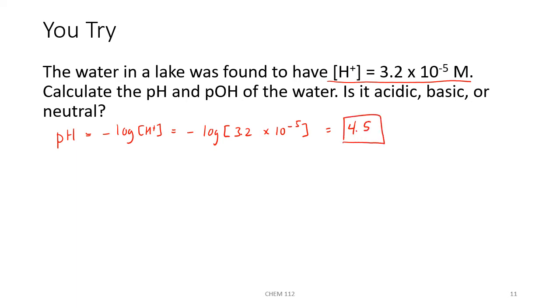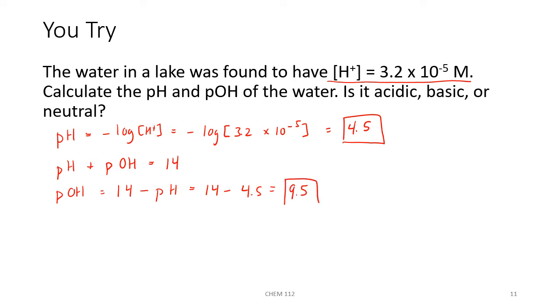To find the pOH, we can use that pH plus pOH is equal to pKw, which is 14. The pOH will be equal to 14 minus the pH, so that'll be 14 minus 4.5, which gives us a pOH of 9.5.